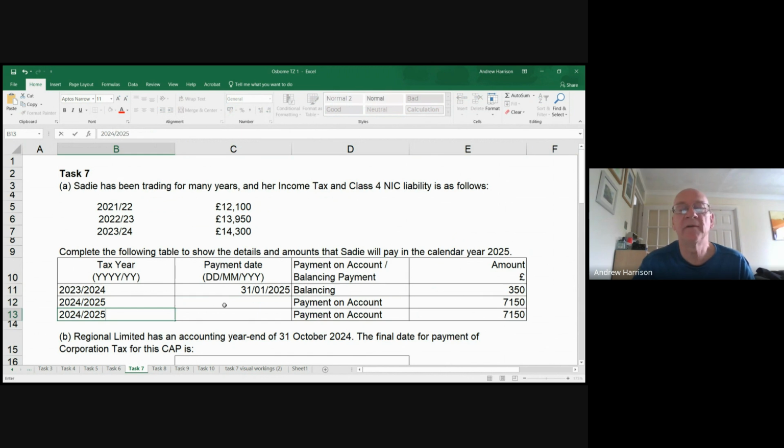So we've got two of the same year there. 24, 25, and then we've got two different dates here. So the first payment on account, the one due in the year, 25. It would be because we wouldn't be interested in it in the question if it wasn't.